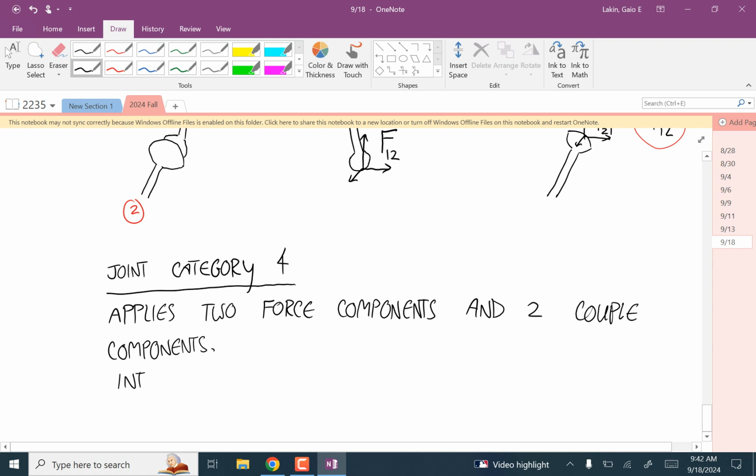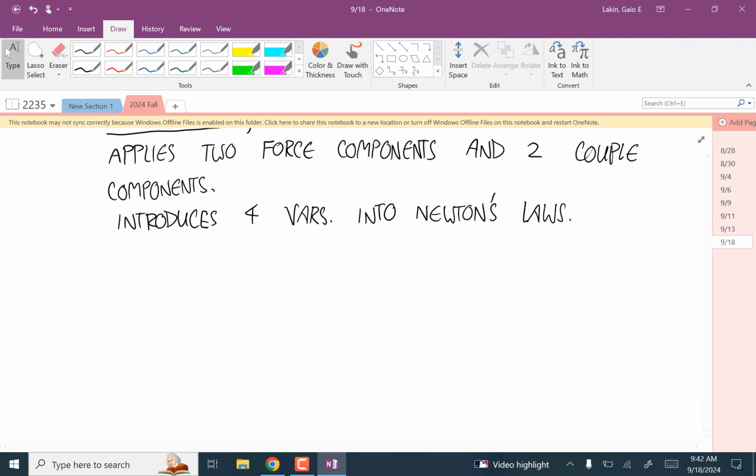And this introduces 4 variables into Newton's laws. And the joint in this category is a pin joint without thrust.